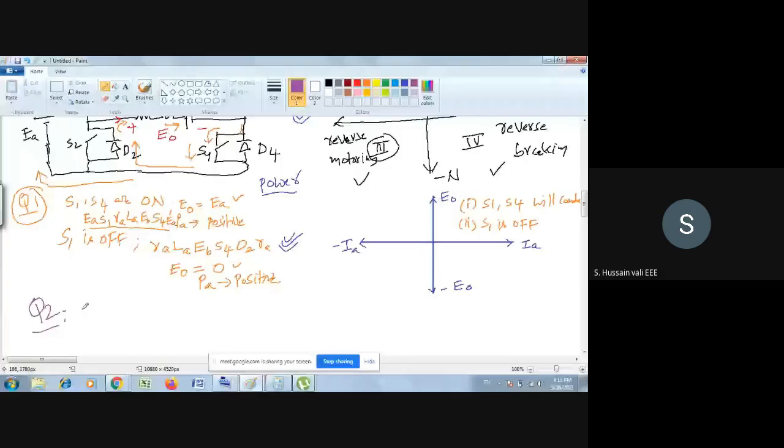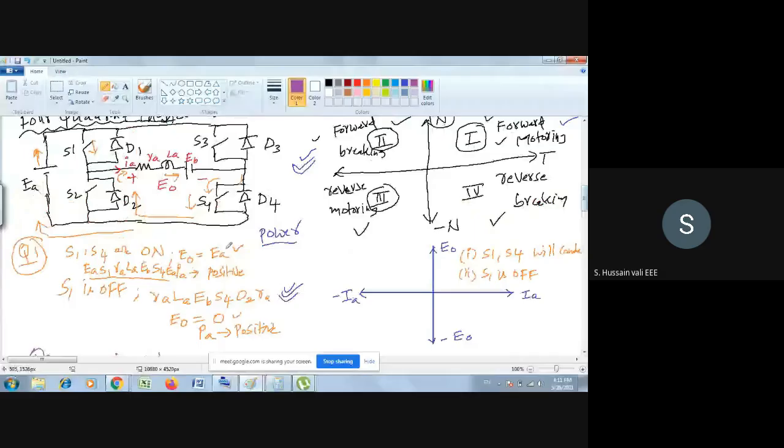Okay. Now you see when S2 is on, what is the direction of the current? I will tell you here. S2 is on, so it flows like this. Then it flows through the motor.